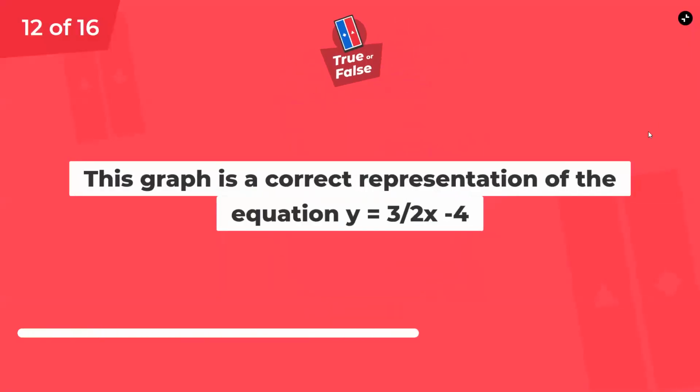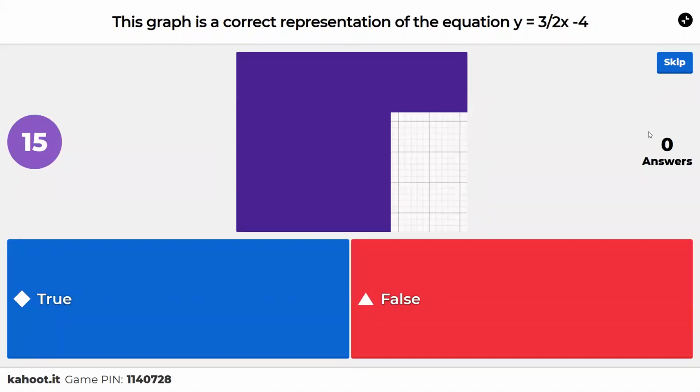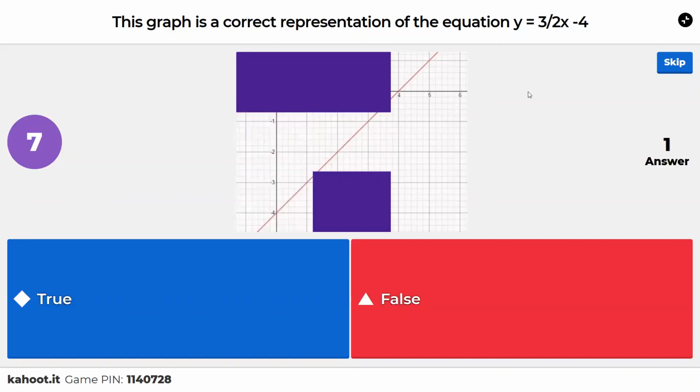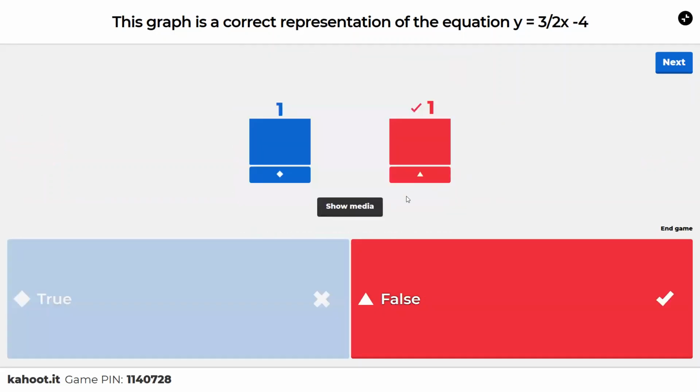Right there with you. This graph is a correct representation of the equation y equals 3 over 2x minus 4. All right, the correct answer was false.